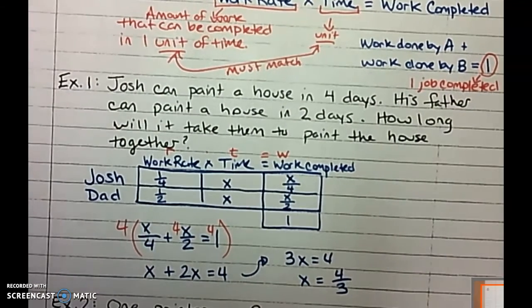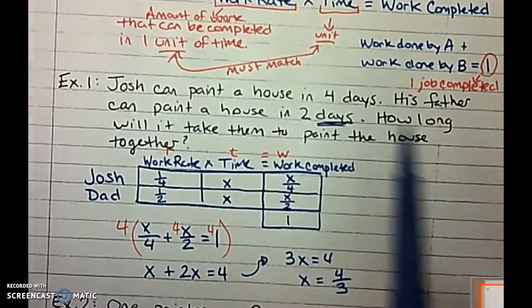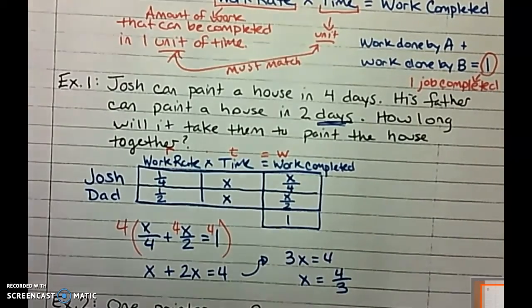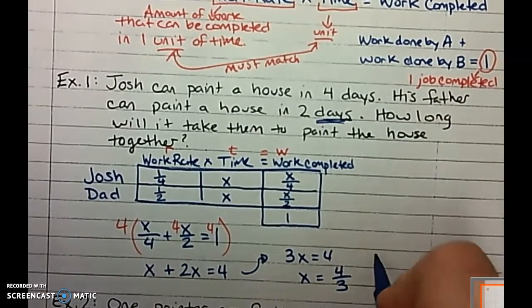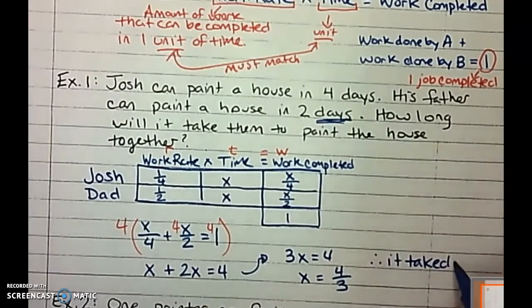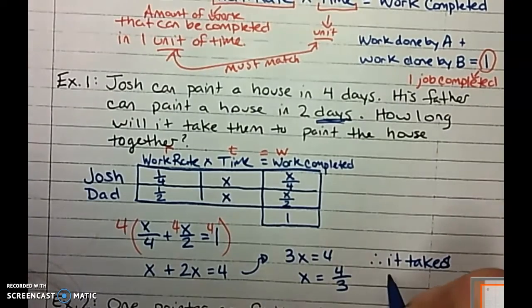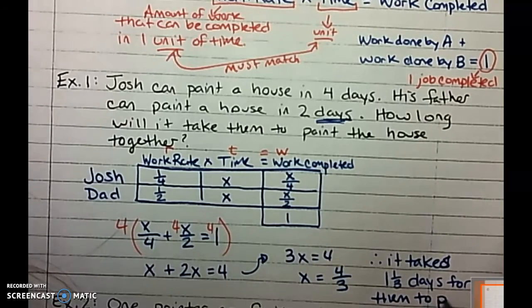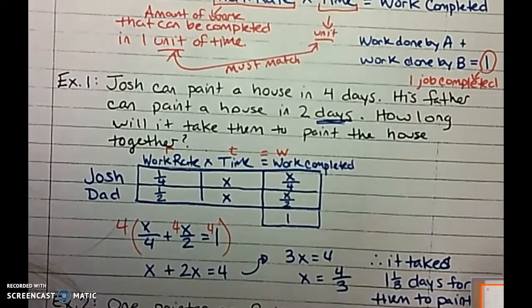Our unit is going to be days because that's what the unit of time was in the problem. So we could say, therefore, it takes 1 1/3 days for them to paint a house together.